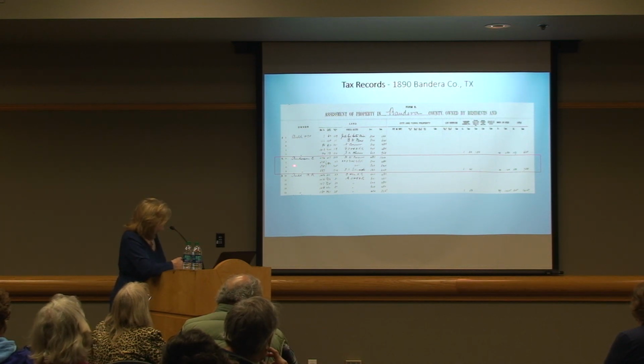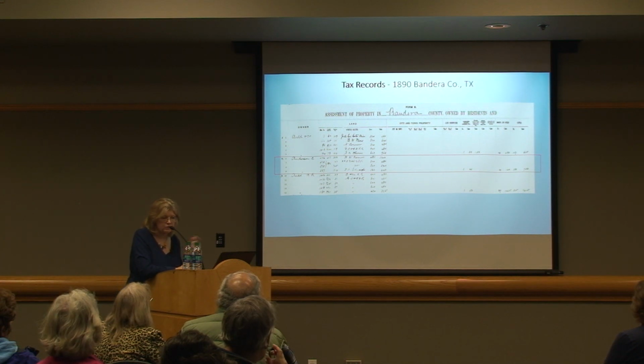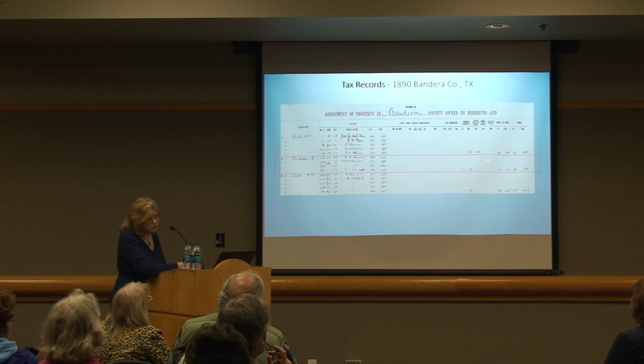We find C. Anderson and the 4 pieces of property he owns. Here we find the original grantee. We also find out whether or not his property was located within the town limits or out of the town limits. It was out of the town limits. So we have the information on the real property, but over here we have information on his personal property.